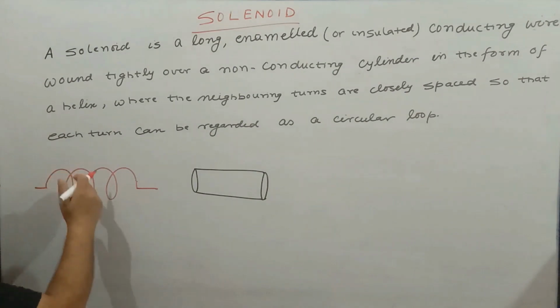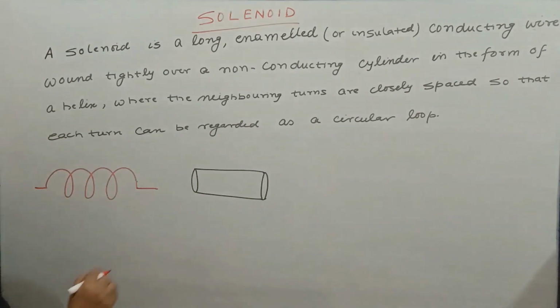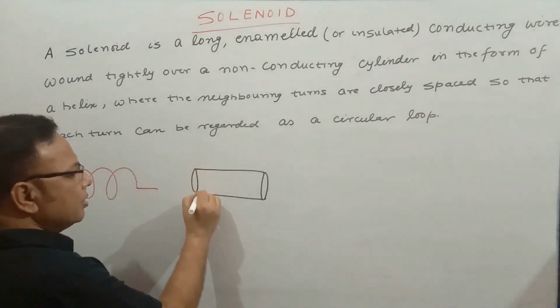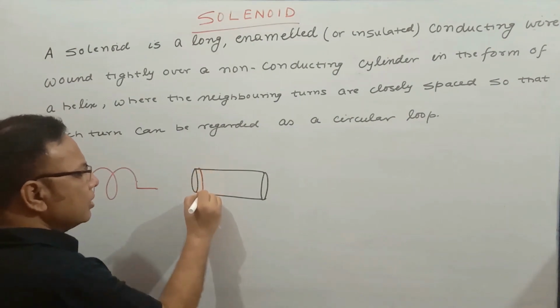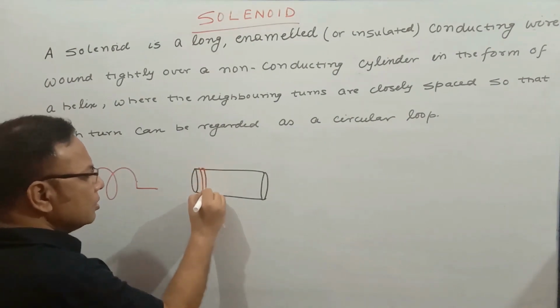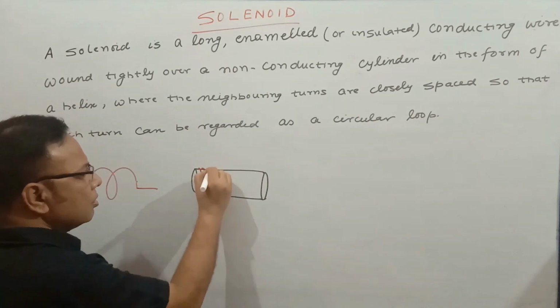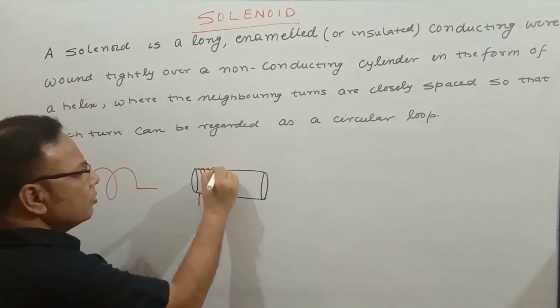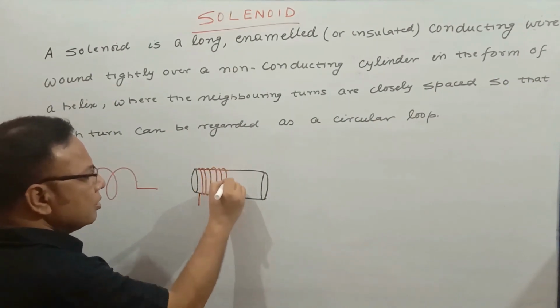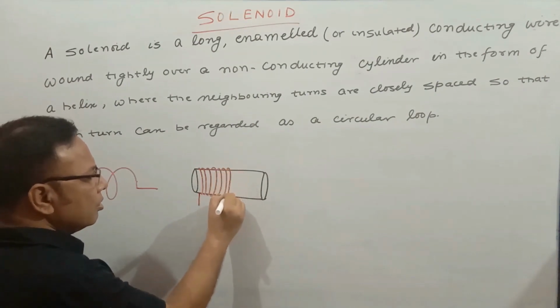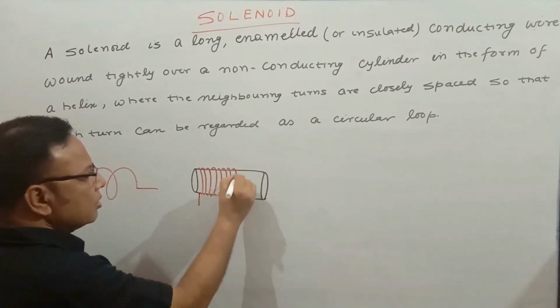Here all the turns are very near to one another, and when you wrap it like this, the turns are somewhat like this over the given cylinder.